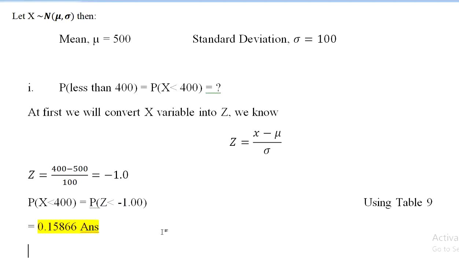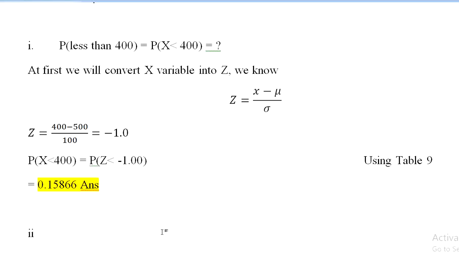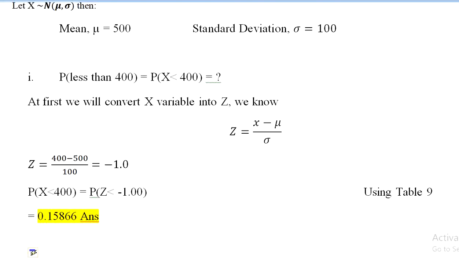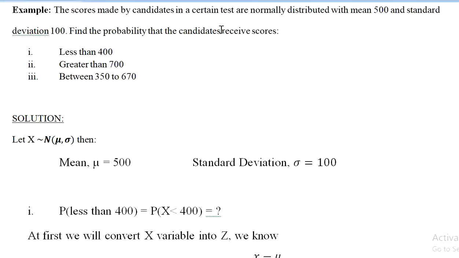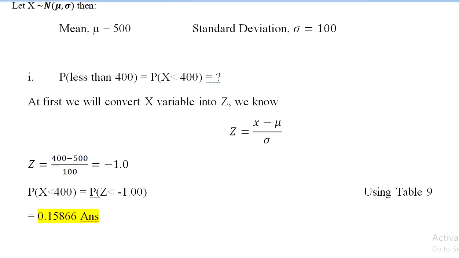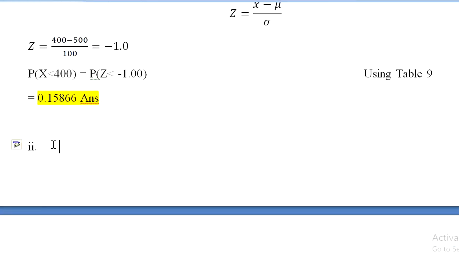Okay, now move to the next part, number 2. In the next part we want to find the probability that the candidate receives scores greater than 700.